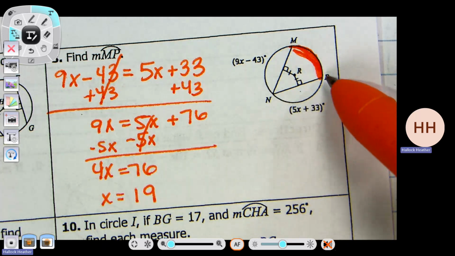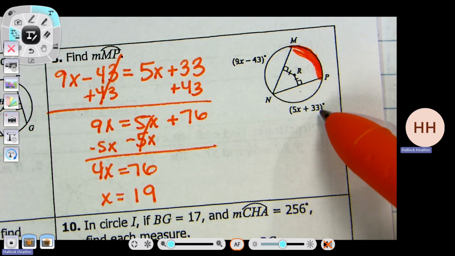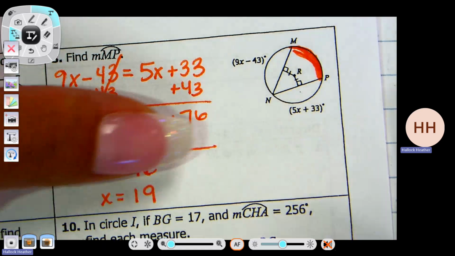The arc is not 19. You're doing 5 times 19 plus 33. So how much is that? So 128.